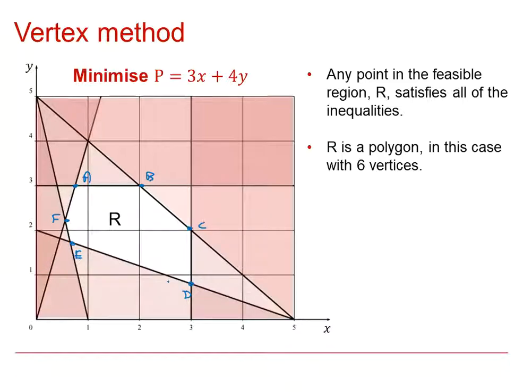So I'm going to focus on these vertices. D, I can see straight away from the diagram, is the point where x is 3, and if I sub 3 into this constraint, I will get y is 4/5.